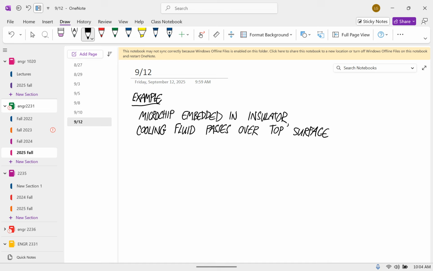So it would look something like this. You have this substrate that it's embedded in, and the chip, all you have in contact with the fluid is that one surface, and the fluid flows over the top of that one surface like this.